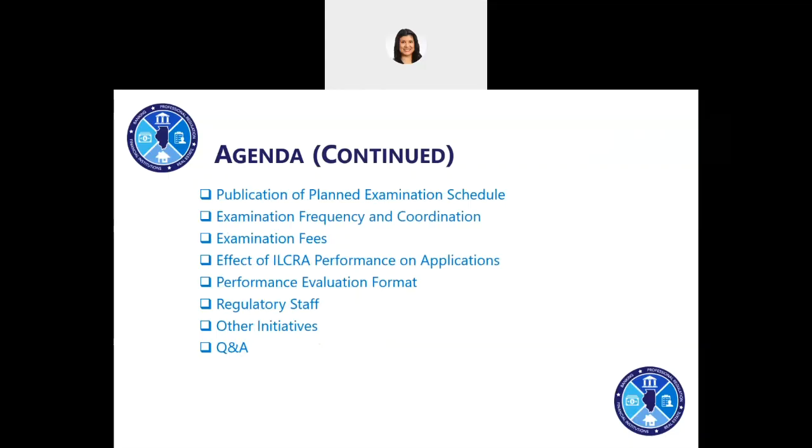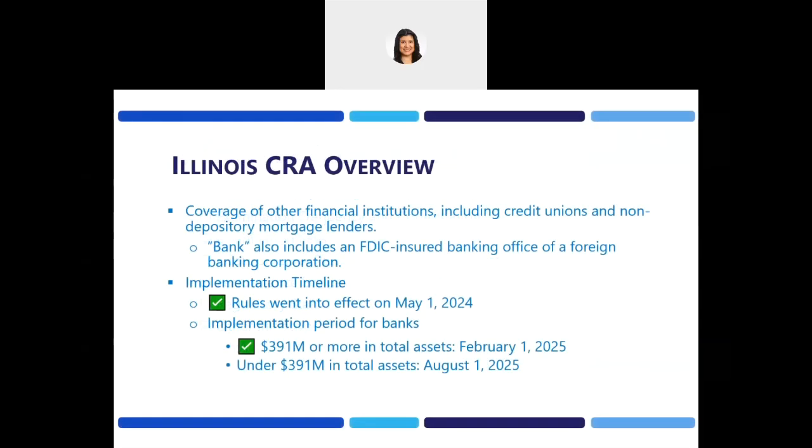So, in the overview, the Illinois CRA covers other financial institutions other than banks, and that includes credit unions and mortgage lenders, non-depository mortgage lenders.